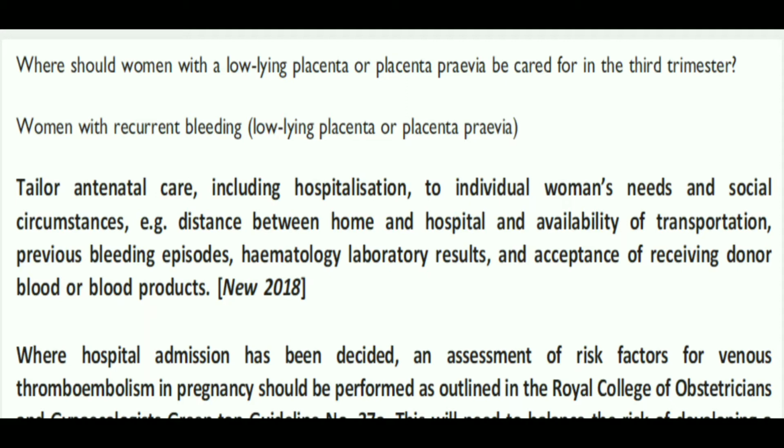So in the middle we had patients with recurrent period bleeding. What we have to do in those cases is tailor antenatal care, including hospitalization, to the individual woman's need and social circumstances, that is distance between home and hospital and availability of transportation, previous bleeding episode, hematology laboratory results, and acceptance of receiving donor blood or blood products.